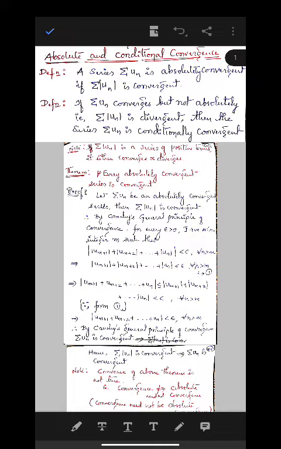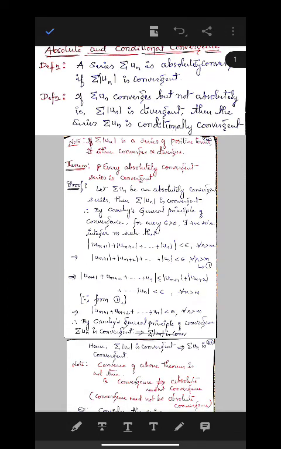So that's why we say conditionally convergent. Let us discuss these two concepts with examples, and even solve some problems regarding absolute and conditional convergence.